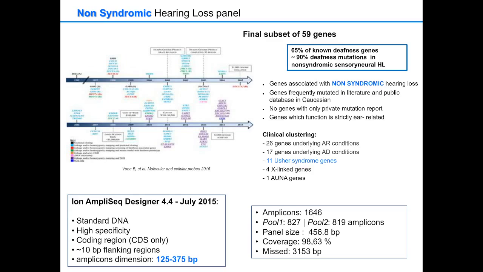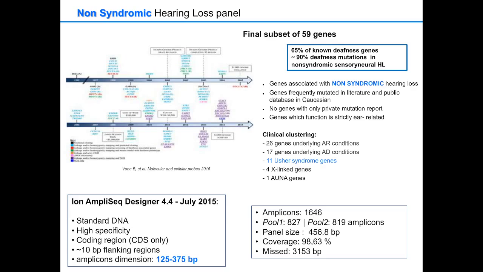We came up with a final subset of 59 genes that represented 65% of known deafness genes, but about 90% of the deafness mutations that had been reported in non-syndromic sensorineural hearing loss, so that was very efficient.